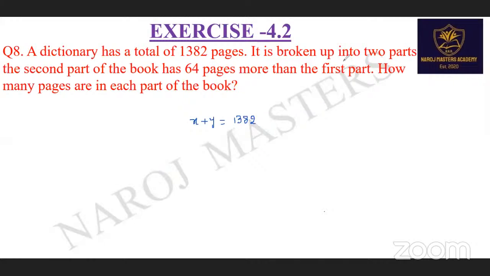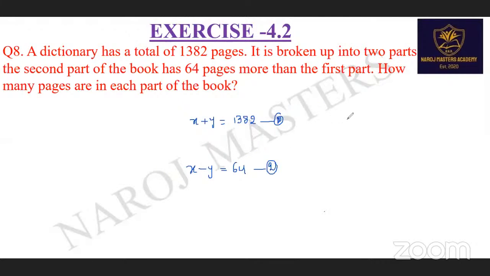One more statement is given here: the second part of the book has 64 pages more than the first part. So the difference between the parts is 64. These are the two equations. This is equation 1 and this is equation 2.